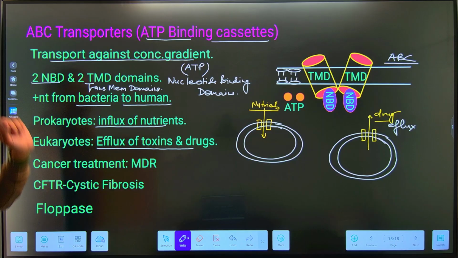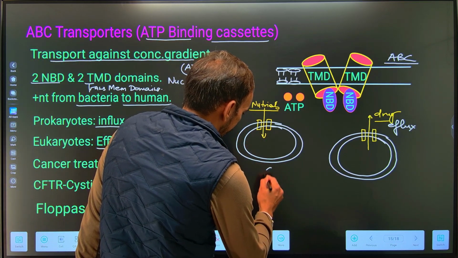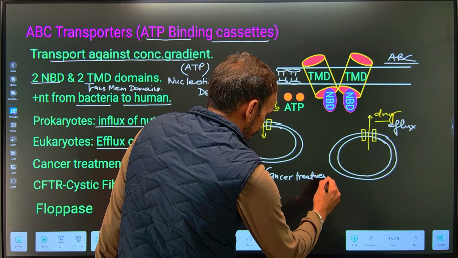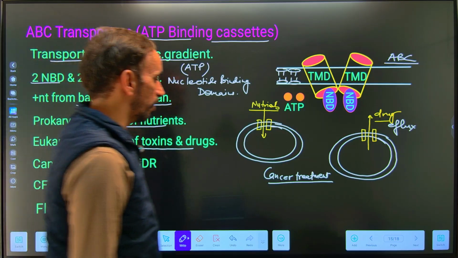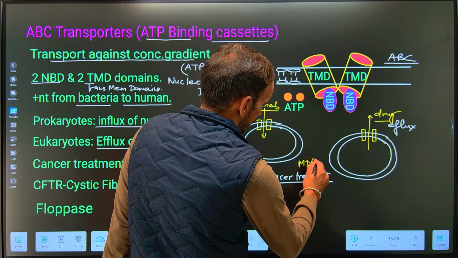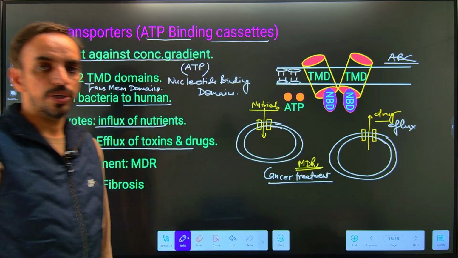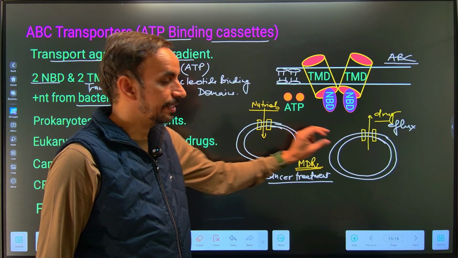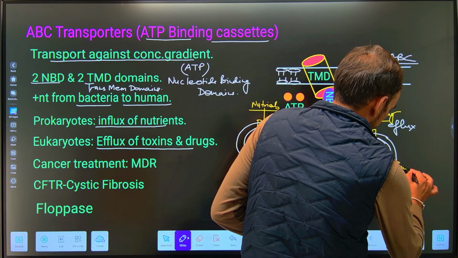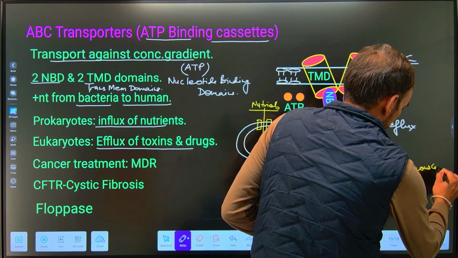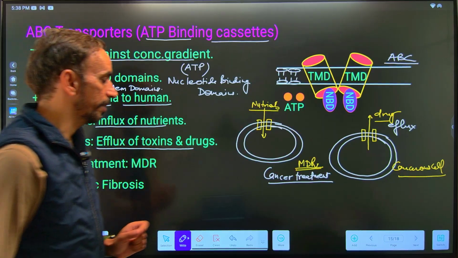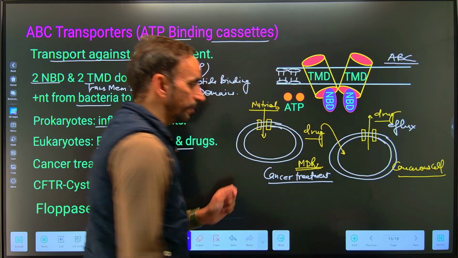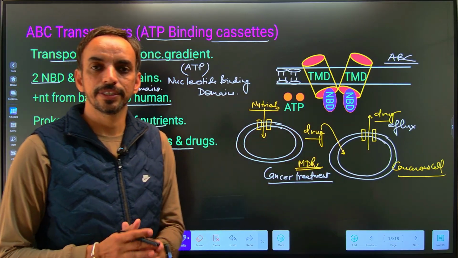Now these ABC class of transporters were first discovered in cancer treatment, right? They were first discovered in the process of multiple drug resistance. The ABC class of transporters were creating multiple drug resistance in the cancerous cell. Suppose it is a cancerous cell, and you have designed a drug for this particular type of cancer and targeted this drug to this cancerous cell.